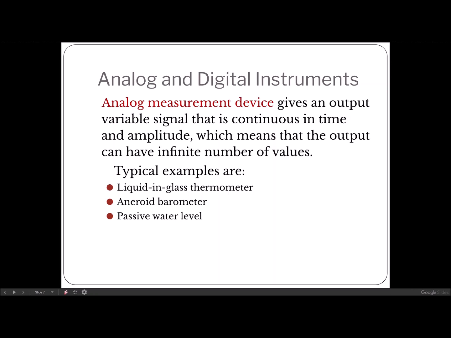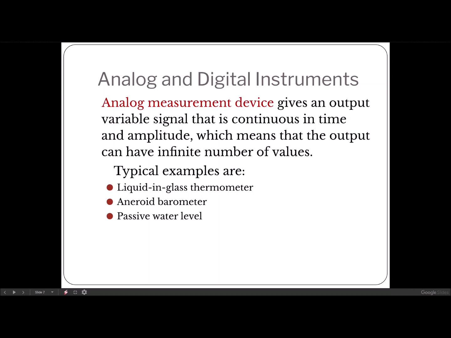Okay, imagine if you are using a mercury type thermometer. In between two scales, the mercury level can vary. Imagine you have very good eyes, and you look at the mercury level on the scale using magnifying glasses, let's say.